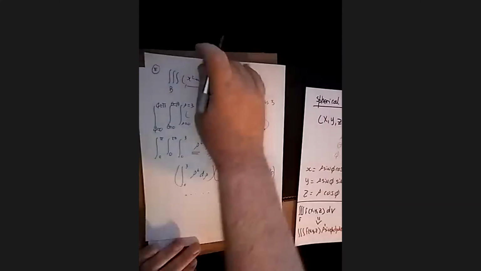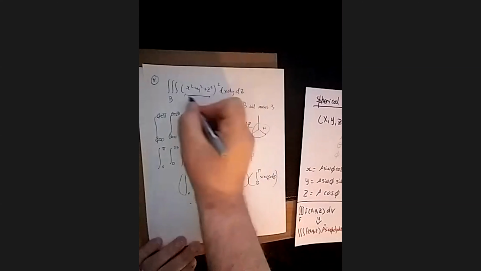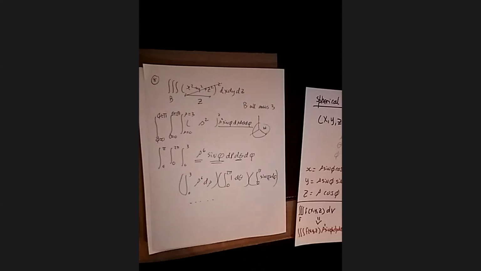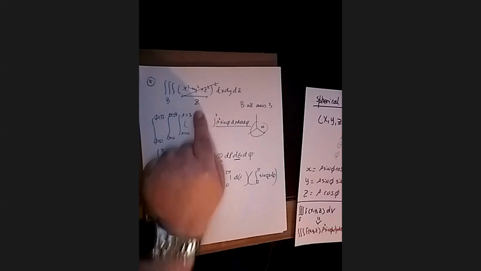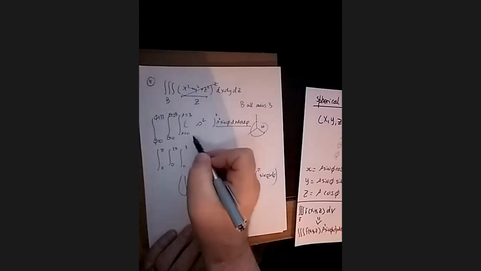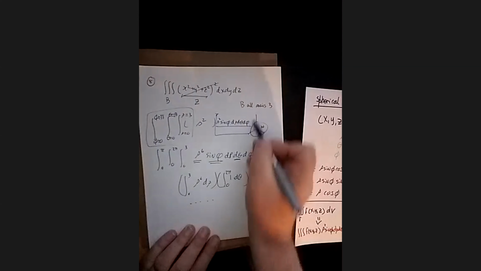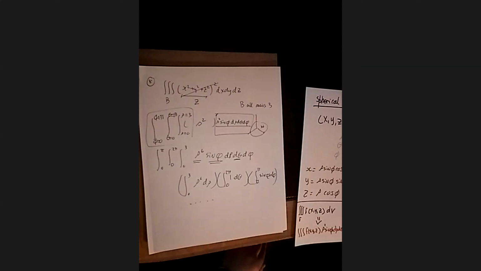Now, can you imagine this question was the same question with one difference? It wasn't this guy. It was just z. So it was the same ball, but just z. This chunk here and this chunk here, totally untouched.